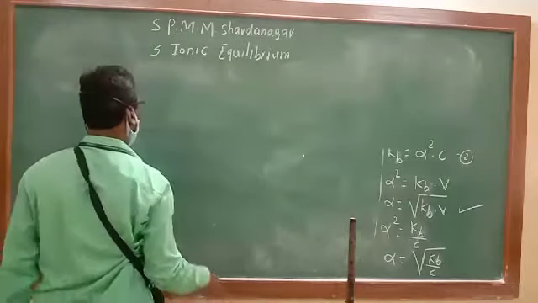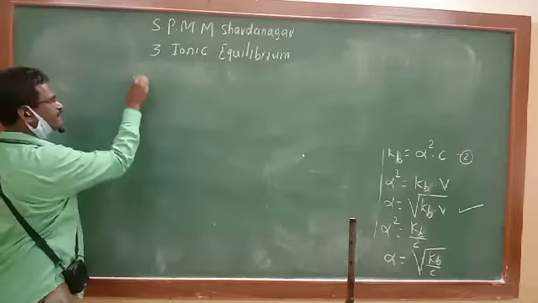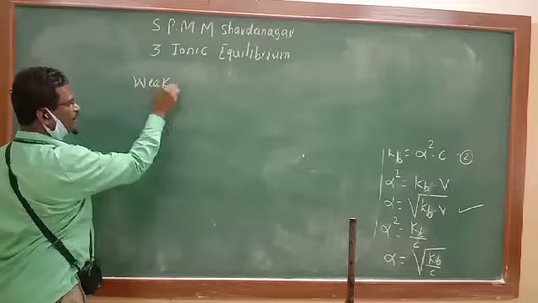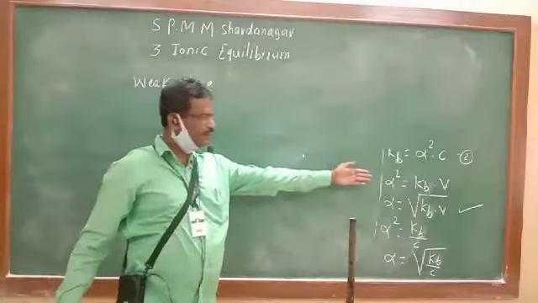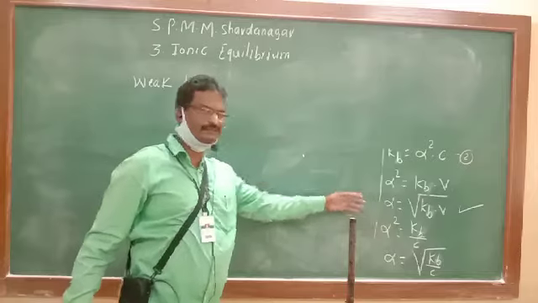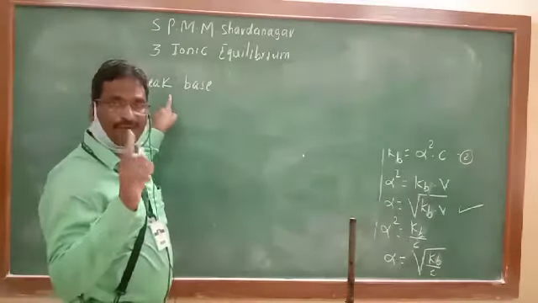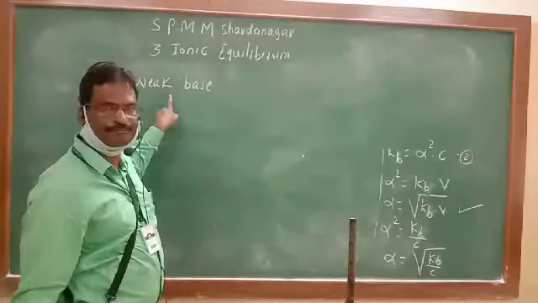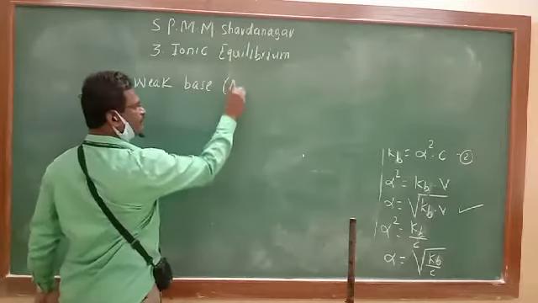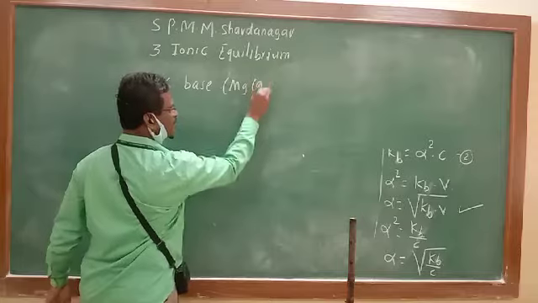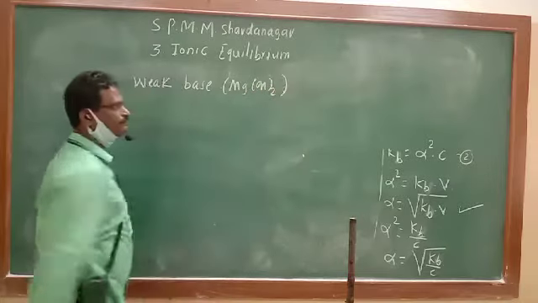Suppose they have given a weak acid or maybe a weak base. Since here we have the equation for a weak base, I am taking a problem of a weak base. Suppose they have given the weak base magnesium hydroxide, Mg(OH)2.